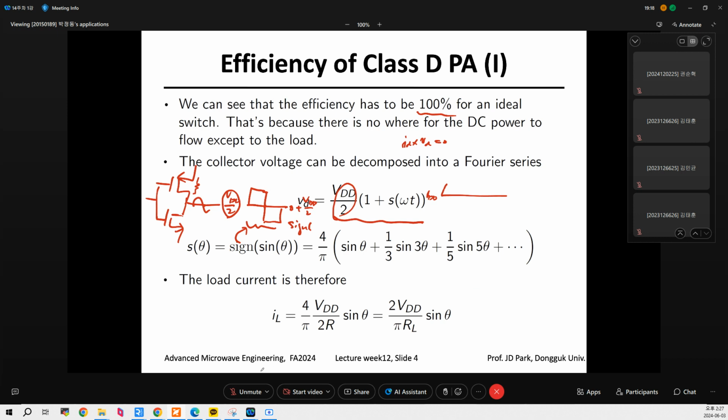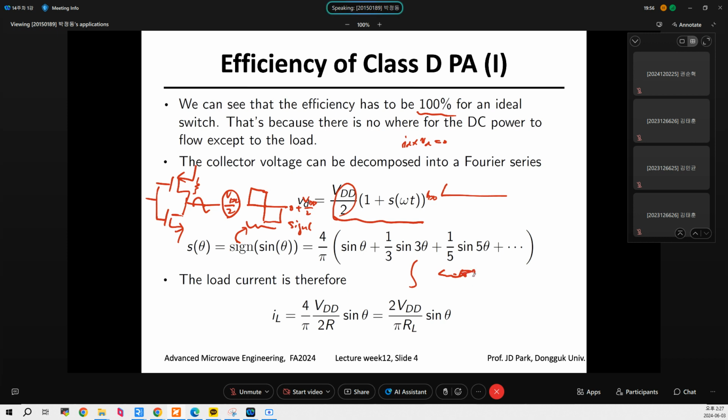So as can be seen here, if you describe this rectangular pulse in terms of Fourier series, it's looking like this, which we just calculate using odd harmonics. So we just take this only.